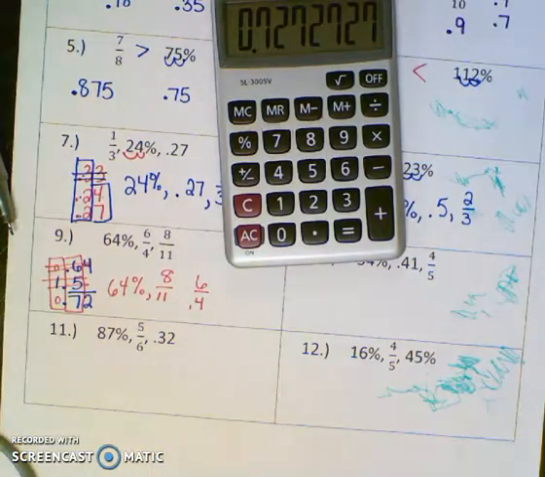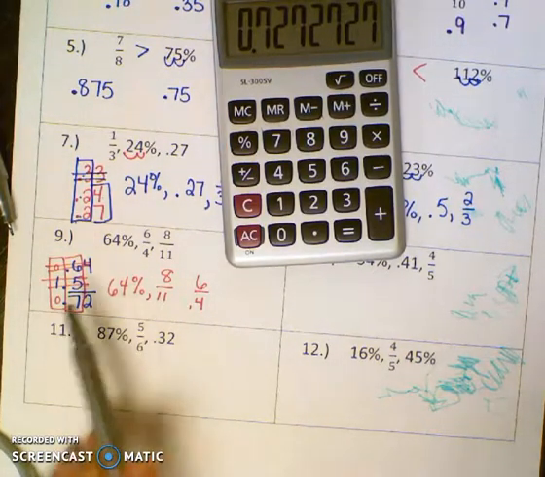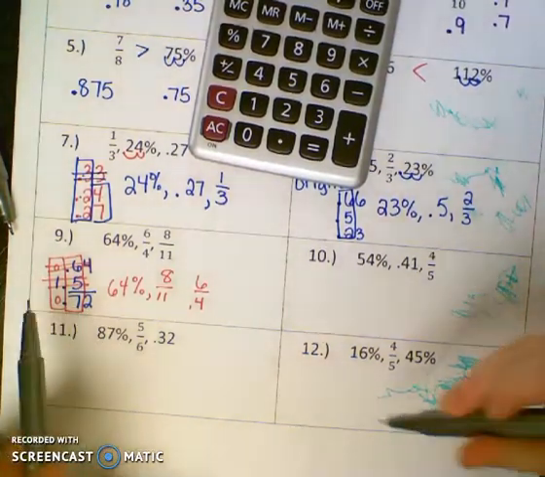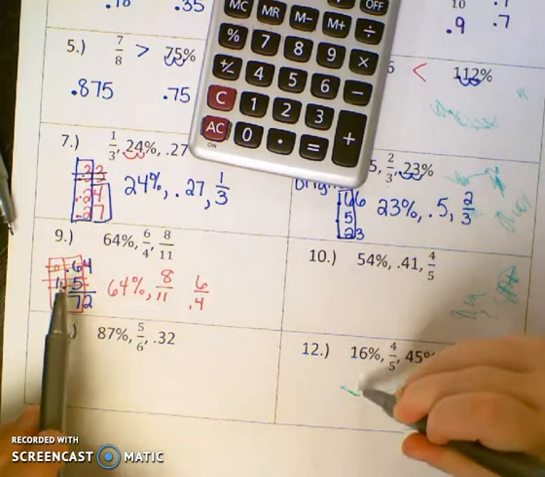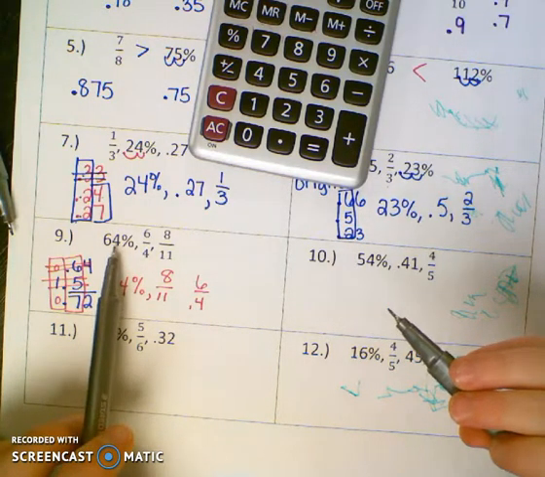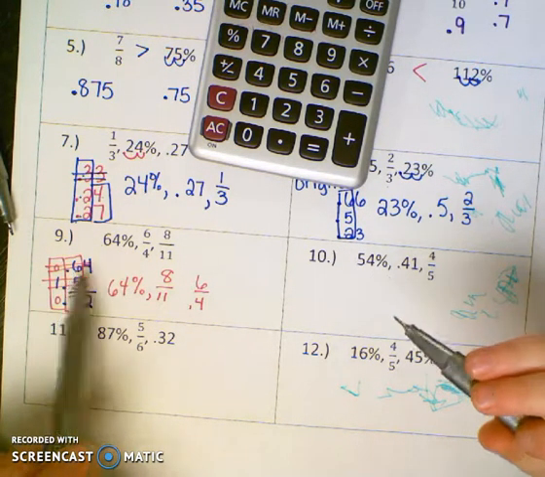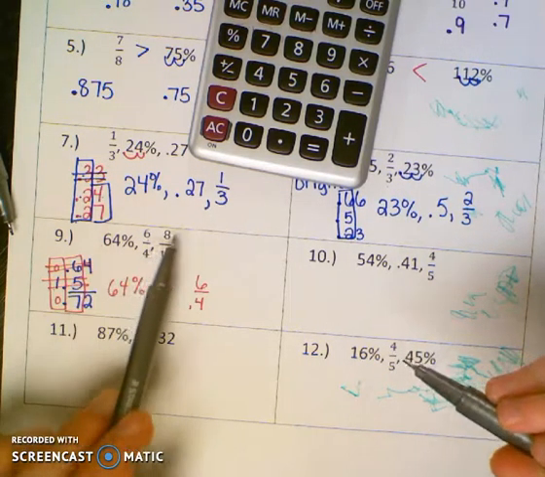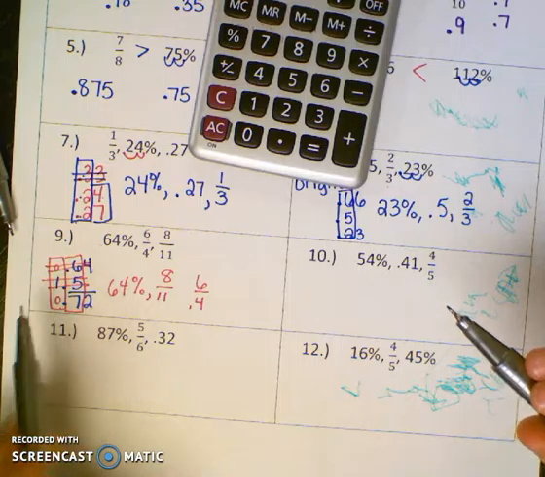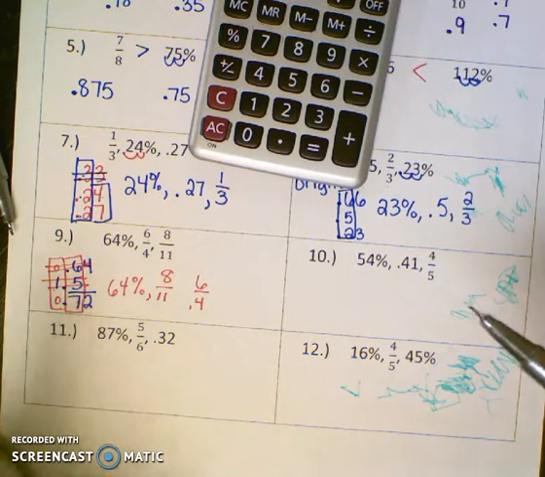So I don't know if you notice on number 8, but I accidentally put them in different orders. I put that 0.5 in the middle. I find that if I put them in order, so if I list this one first, and then I list this one, and then I list this one, then I know which one it is.